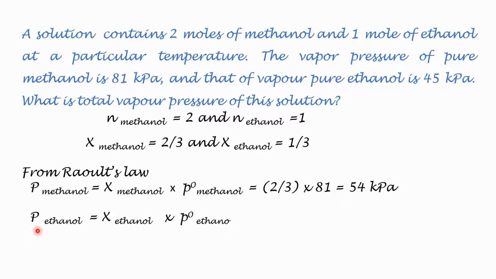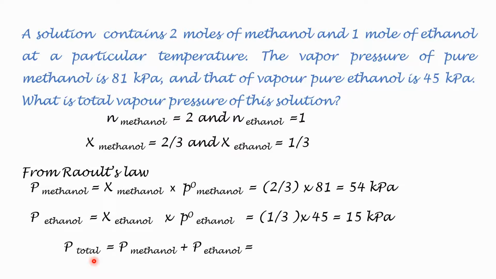Similarly, vapor pressure of ethanol will be equal to mole fraction of ethanol into vapor pressure of pure ethanol. That is equal to 1 by 3 into 45, equal to 15 kilopascals. The total vapor pressure of the solution will be the sum of the vapor pressures of methanol and ethanol. That gives you 54 plus 15 equal to 69 kilopascals.